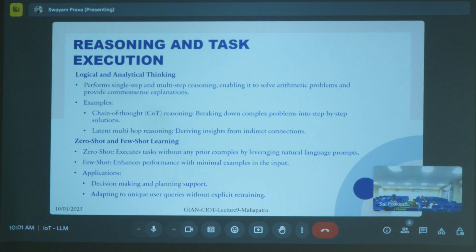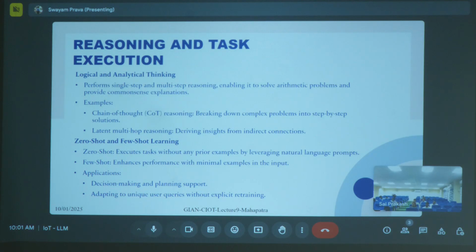So, two key reasoning approaches that make this possible are chain-of-thought or CoT reasoning. This approach breaks down complex problems into step-by-step solutions. Instead of jumping to the final answer, the model will explain each step in its reasoning process.